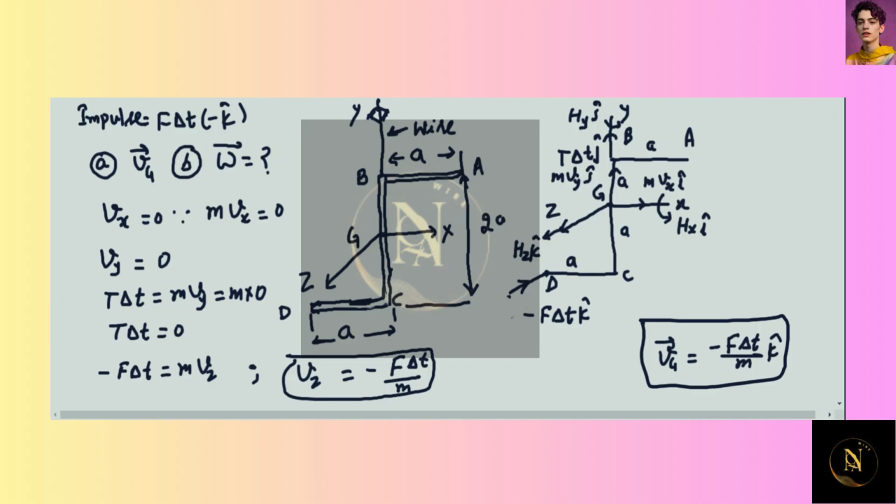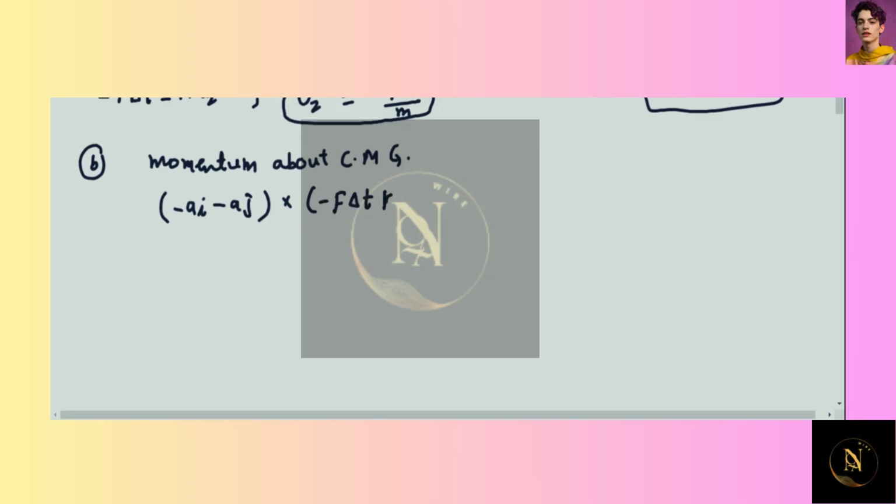Now in B part, we have to calculate the angular velocity. Angular momentum about center of mass G: minus a i cap minus a j cap cross minus F delta T k cap is equal to Hx i cap plus Hy j cap plus Hz k cap.